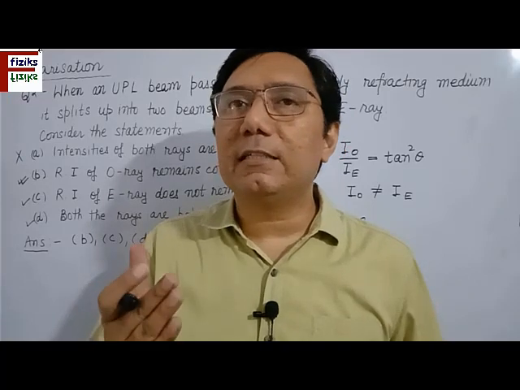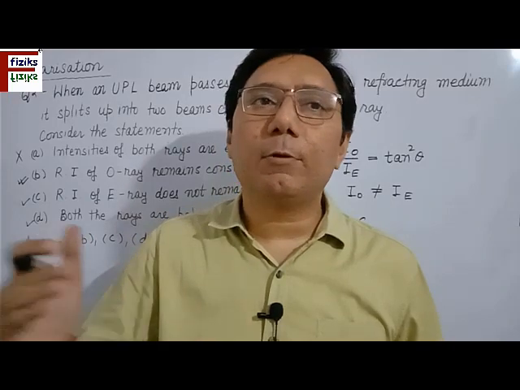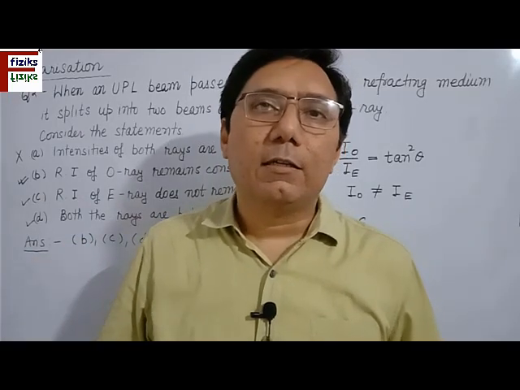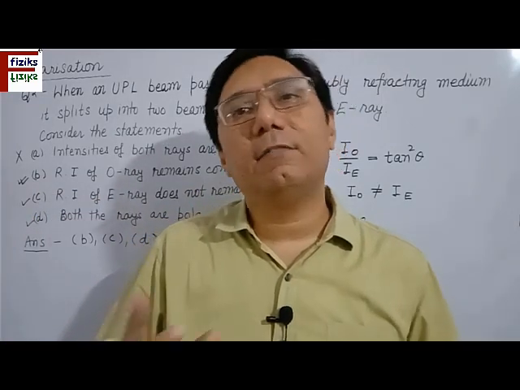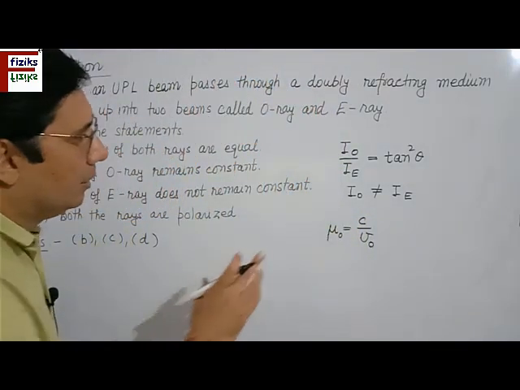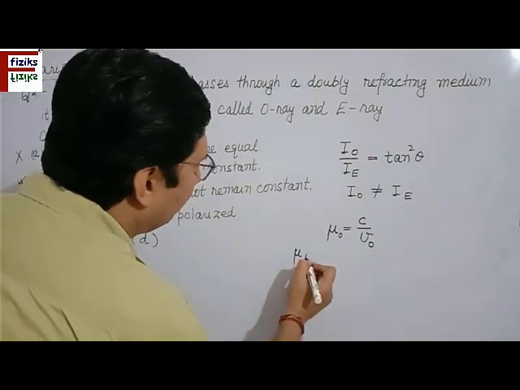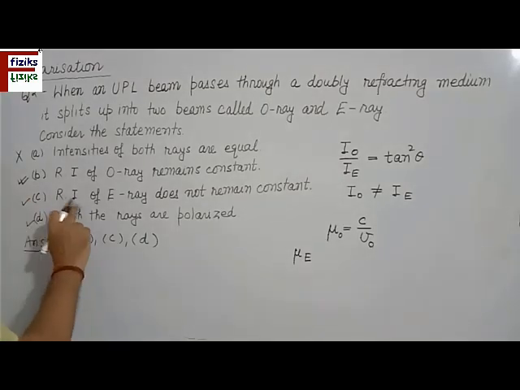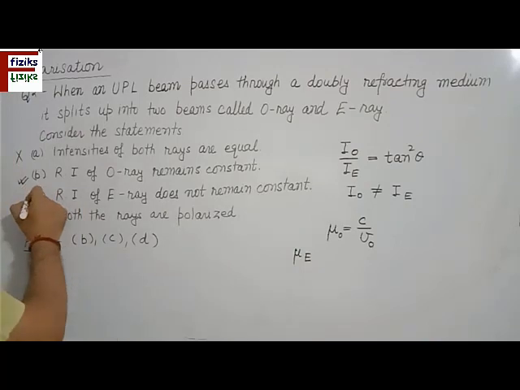When its speed is different in different directions, automatically refractive index, which is proportional to 1 upon V, will also be different in different directions. So refractive index of E ray doesn't remain constant, rather it depends on the direction in which the wave is propagating. Option D is both the rays are polarized.